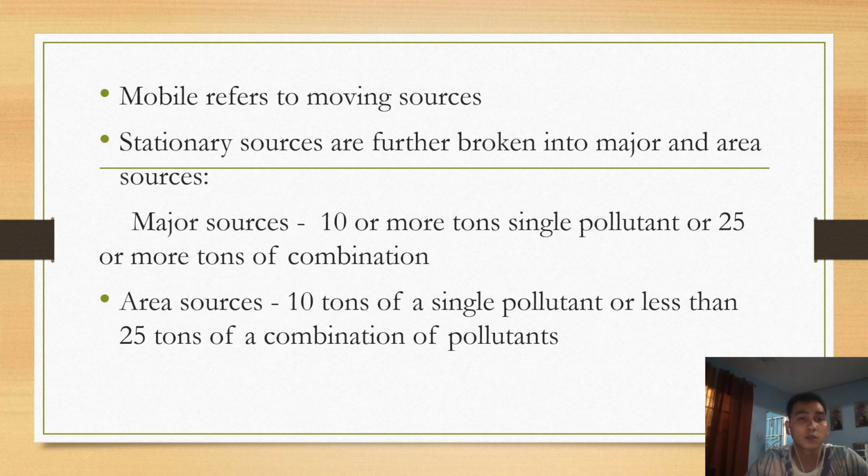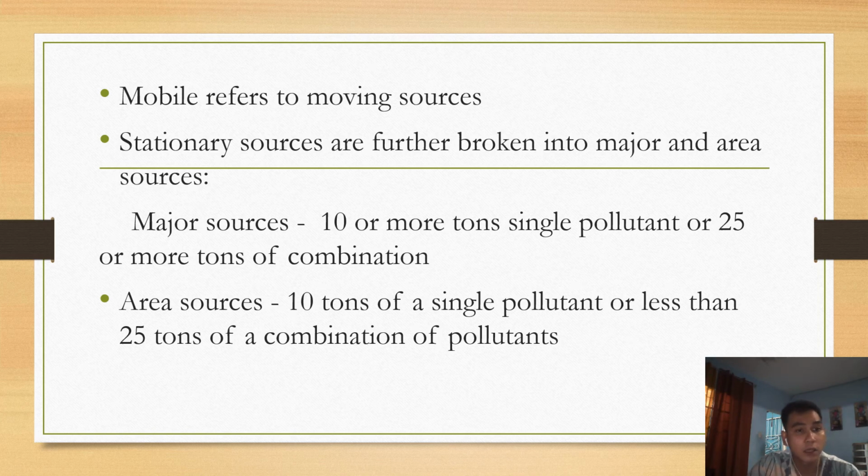Mobile refers to moving sources, such as airplanes, trains, and automobiles, while stationary refers to fixed industrial sources such as power plants, factories, and other facilities. Stationary sources are further broken into major and area sources.